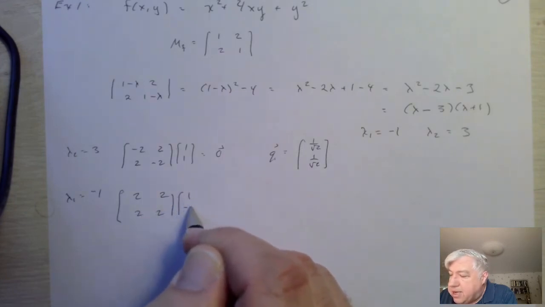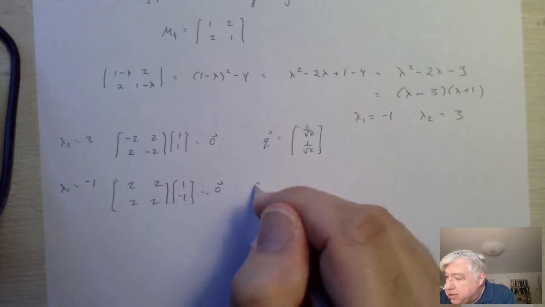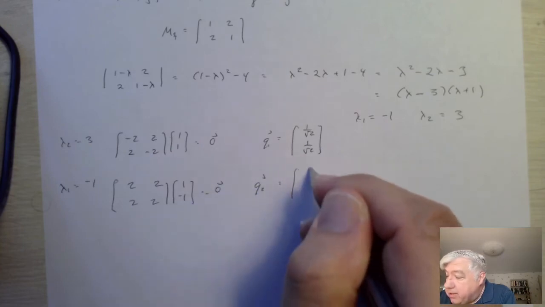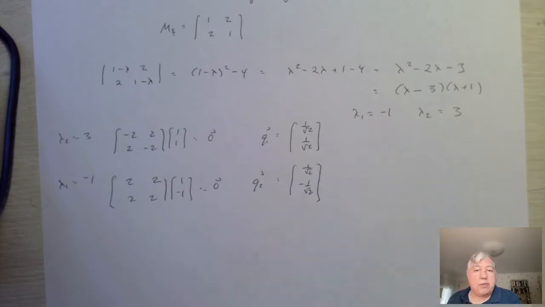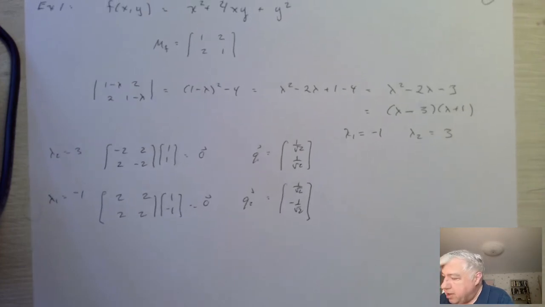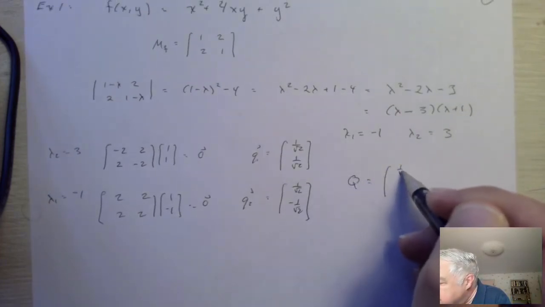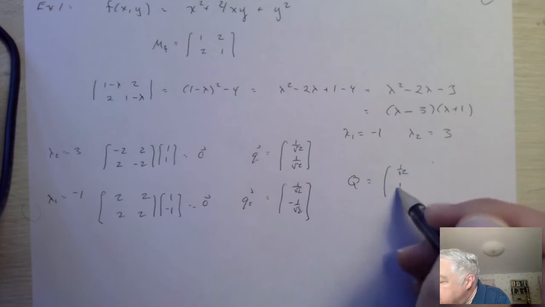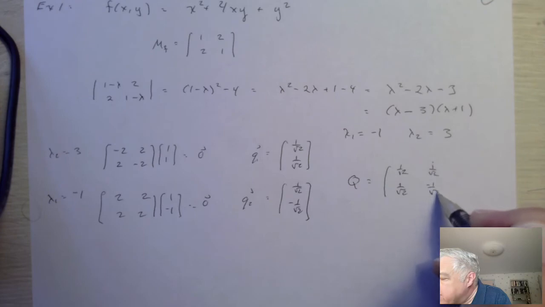Again, it's easy to see that (1, negative 1) will be the eigenvector. So we can normalize that, and we get q2 is (1 over square root 2, negative 1 over square root 2). And so Q is going to be [1 over square root 2, 1 over square root 2; 1 over square root 2, negative 1 over square root 2].